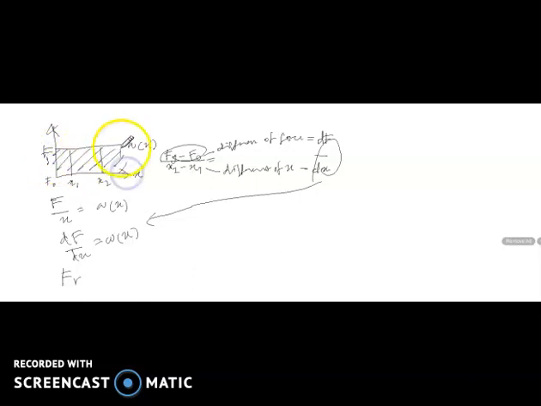In this region, because the force is distributed along the region here, you want to find the resultant force, the total amount of force. So you need to actually integrate the differential equation here.